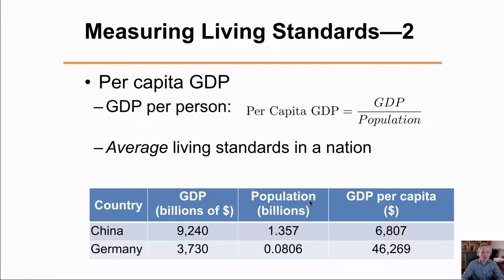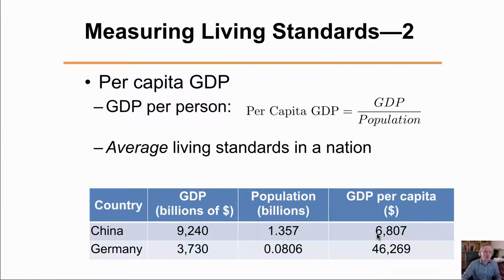But then, once we bring in population, China has a population that is much, much larger than Germany, 1.357 billion people. So when we divide GDP overall by the population to get per capita GDP, we can see that Germany has a much higher standard of living than China, at least in these 2013 numbers that I'm showing.